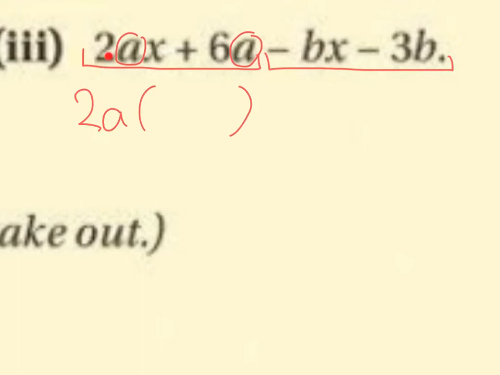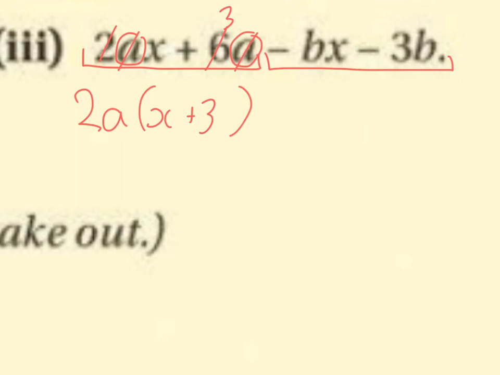So 2 divides into 2 and that just cancels, or it goes once. A divides into a and they just cancel. And I'm left with x, so that goes inside my bracket. Then 2 divides into 6 3 times, so I've got plus 3. And a divides into a and just cancels. So 2a divides into 2ax and leaves us with x, and 2a divides into 6a and leaves us with 3.